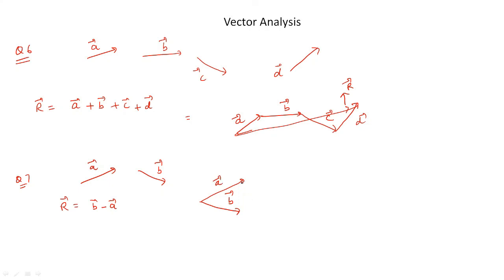Now we will find the resultant vector. Now we will make an arrow on the side. Here we have written vector b minus a. That means b is larger than a. So your arrow will be on the b side. So this is your vector r and it is equal to b minus a.